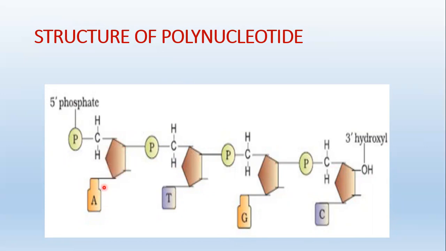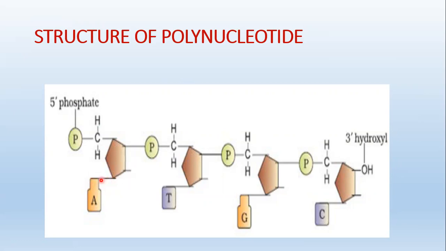So the pentose sugar is connected to the nitrogenous base. And what kind of bond is between them? The bond is a glycosidic bond. The nitrogenous base is connected to the pentose sugar, and the bond between them is a glycosidic bond. You have to remember this bond; these are very important.